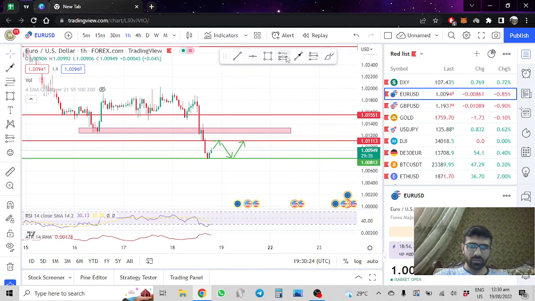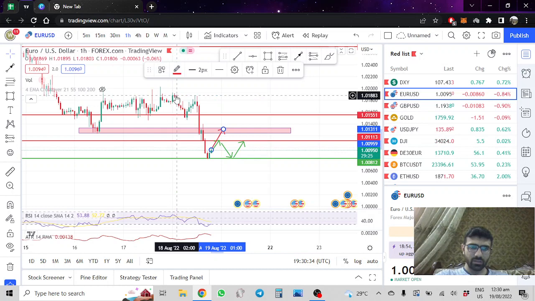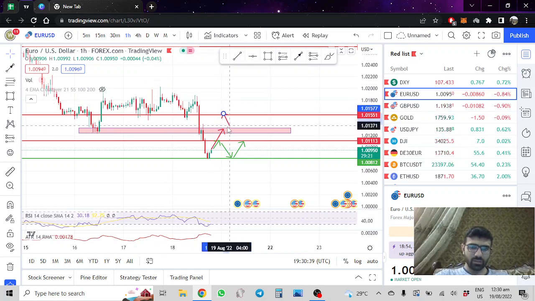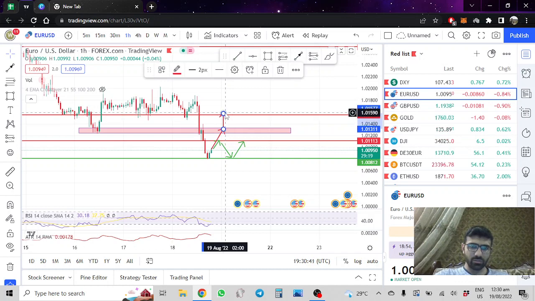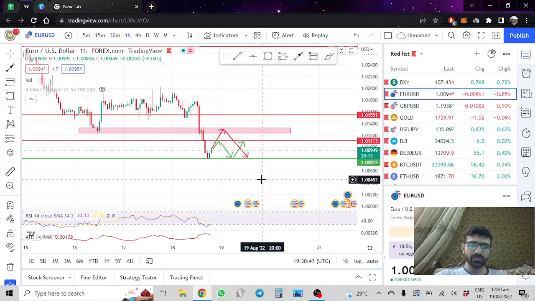So if the market goes up like this, I'm gonna make this in red color. If the market closes below this area, then we are gonna go short at least till here. This would be our selling scenario for tomorrow.